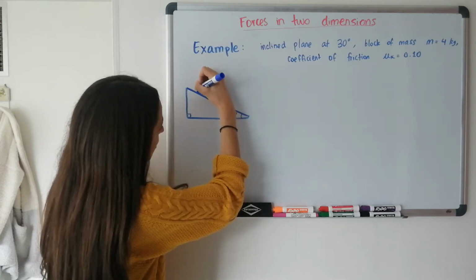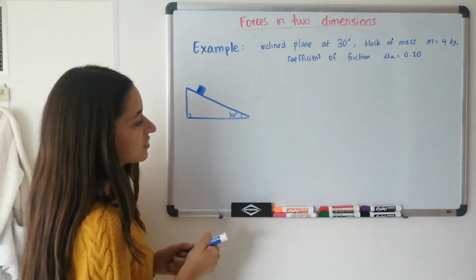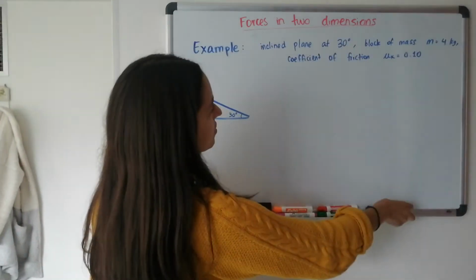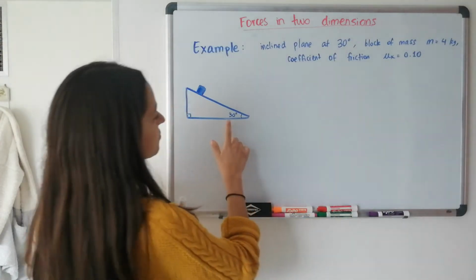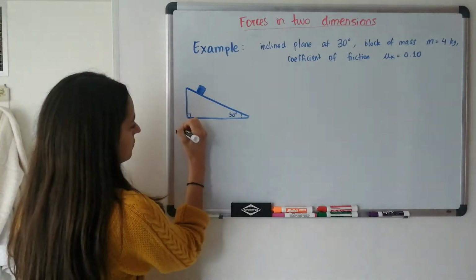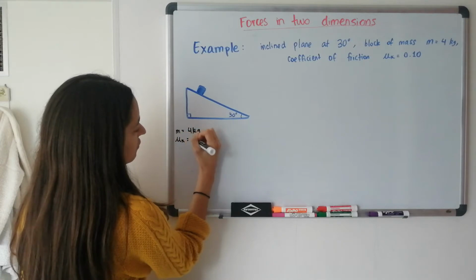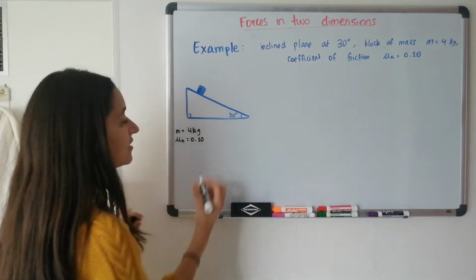This is our little block. Okay, so that's what we know until now. And the information that we were given in the problem, apart from the 30 degree angle, is that the mass is 4 and the coefficient of kinetic friction is 0.10.